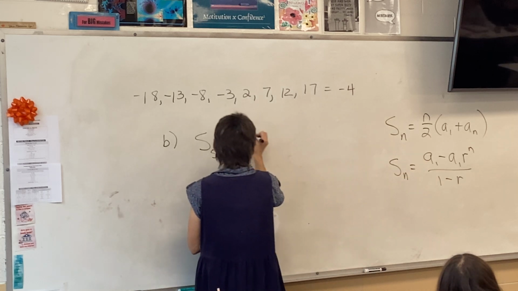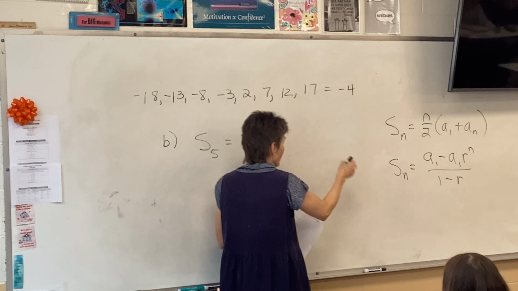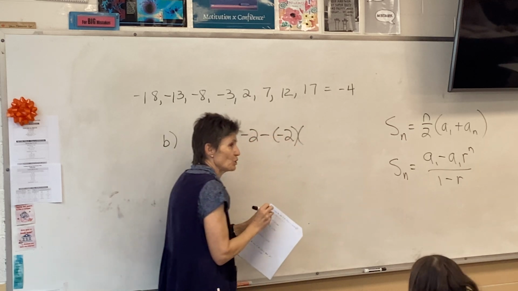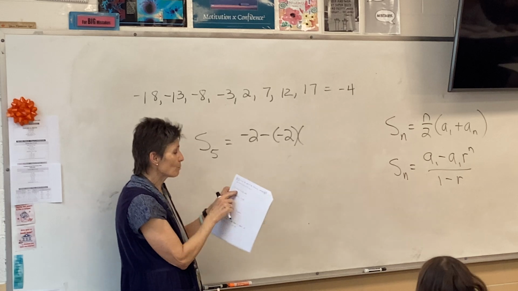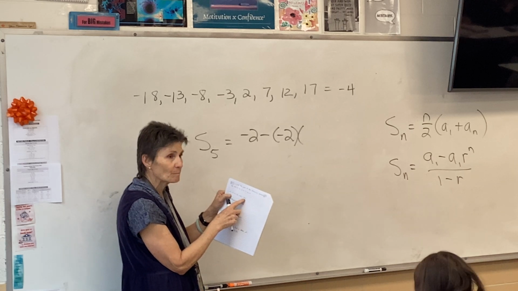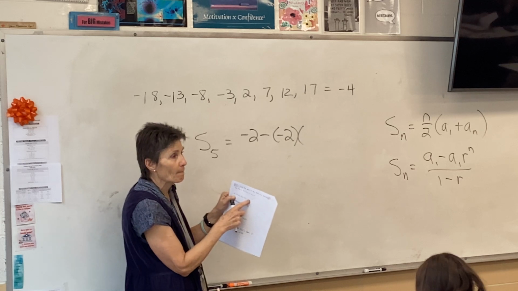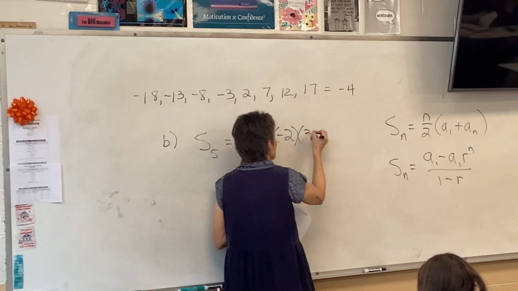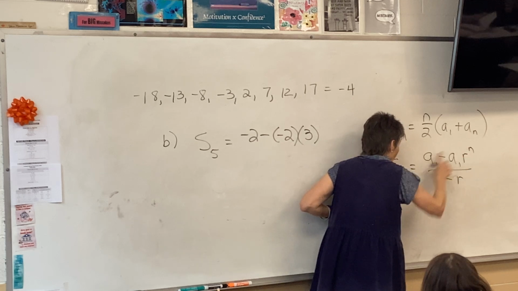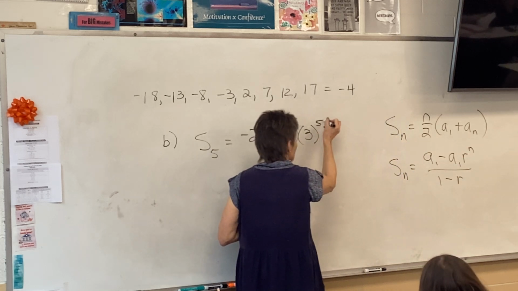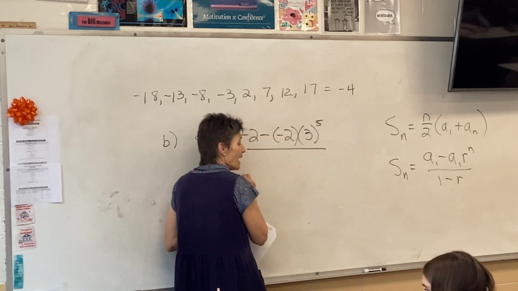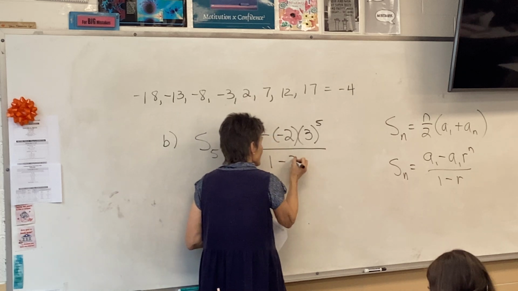So negative 2 minus, and we got another one, times the ratio. What is the ratio in this problem? What are we multiplying by as we go down the line? 3. And then you're going to raise it to the nth power, but you already told me n was 5. And then you're going to divide that by 1 minus the ratio.